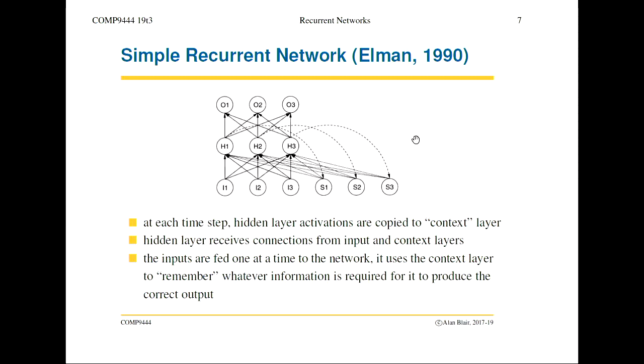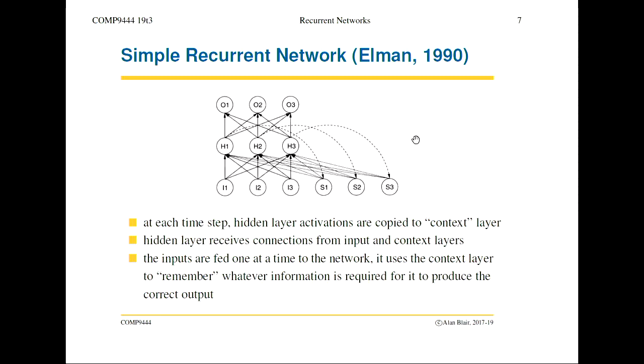The part on the left looks like the standard two-layer feed-forward networks we were looking at before, but in addition to the input, the hidden, and the output layers, you also have this context layer, and the dotted lines mean that the activations of the hidden layer at the previous time step get copied to the context layer.